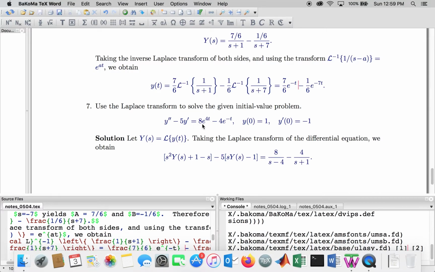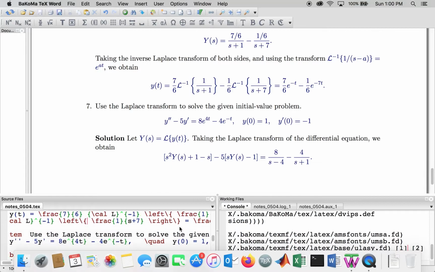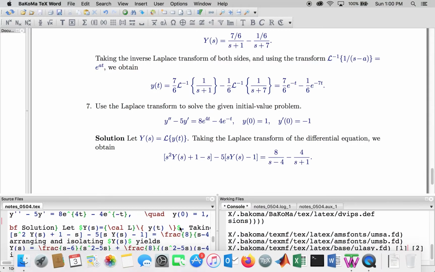On the right side, we take a transform of it, so it's 8 times the transform of e to the 4t. So now you're using this rule, but in reverse. The transform of e to the at is 1 over s minus a. So we get 8 from here times 1 over s minus 4. And then, actually I'm going to fill that in.